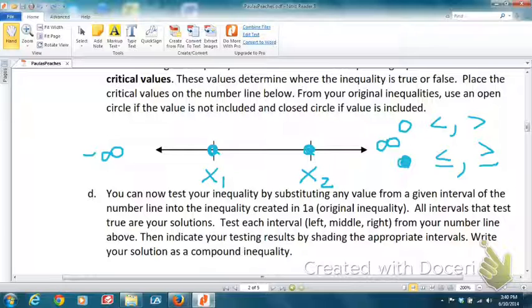If it's not true, you're going to leave it blank. The next thing you're going to do is pick a number between x sub 2 and infinity. You substitute it into the inequality, and if it's true, you shade that portion of the number line, and if it's not true, then you don't shade it. So that's basically what you're doing with D.